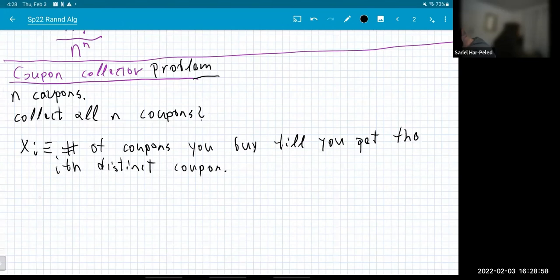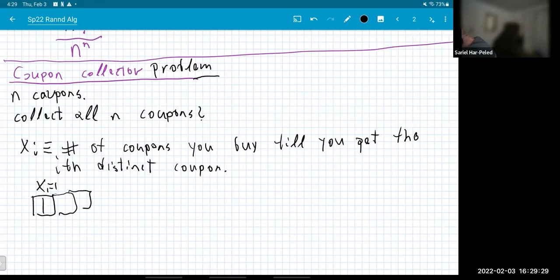Let's try again. So you buy the first coupon. The first coupon you get, of course, is unique. You don't have it, you're very happy. So X1 is 1. You bought one coupon and you got one. Now you start the second round. You want to get the second distinct coupon. You don't care which second coupon you get, as long as you get a coupon that is distinct from the first one. So maybe you're extremely unlucky and you buy a second coupon and it's identical to the first one.